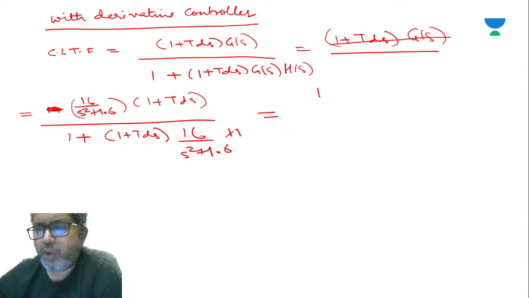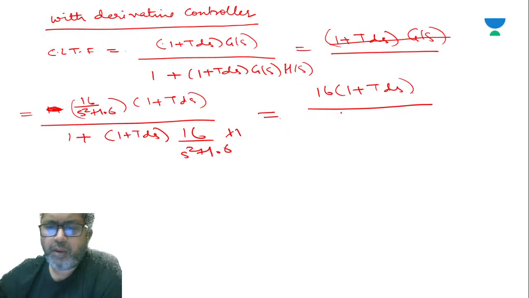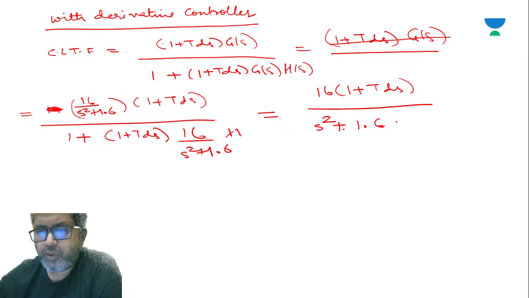So this will be equal to 16 into 1 plus TDS upon S square plus 1.6 plus 1 plus TDS into 16.